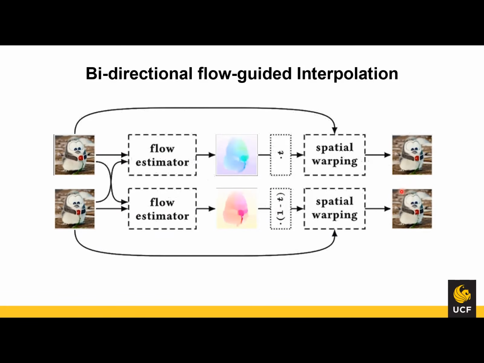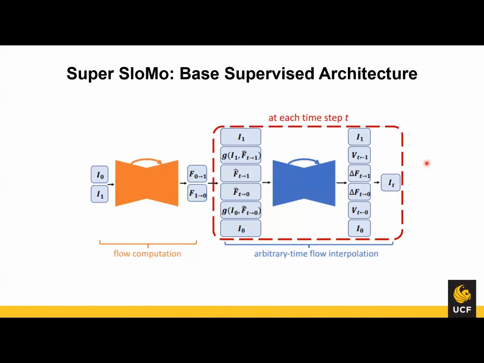Now, the paper utilizes a network called Super SloMo, which is described here. What's happening in this network is you're going to have your 2 images, and the flow vectors are calculated using this UNet right here, and the output is being fed into this other segment of the network.